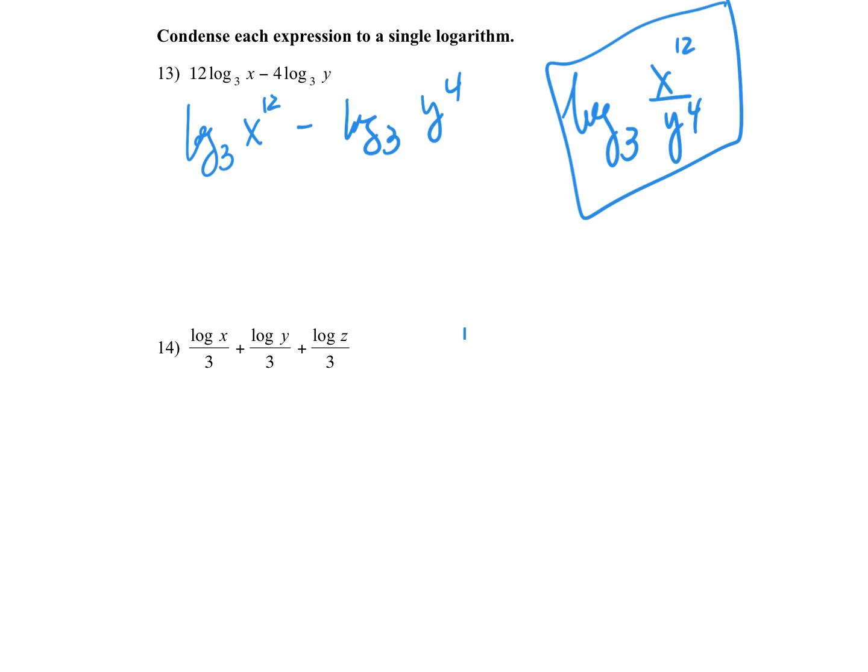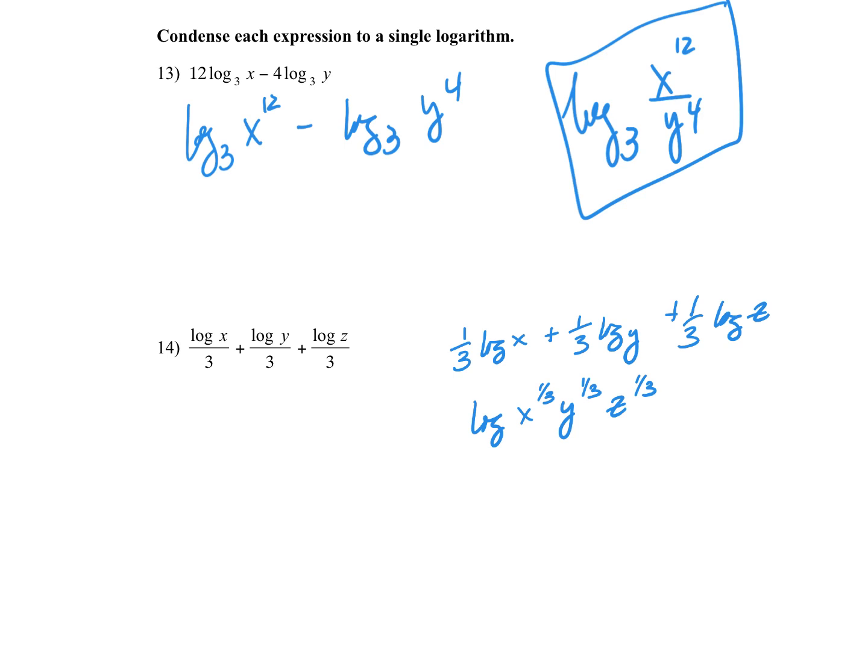I like to move this out as 1/3 log of x plus 1/3 log of y plus 1/3 log of z. And then you can take the log of x to the 1/3 times y to the 1/3, because all the pluses turn into multiplication.